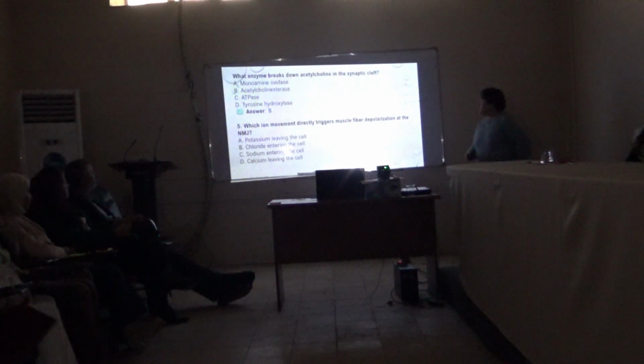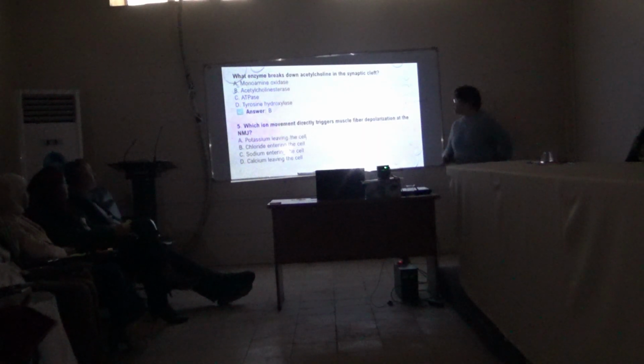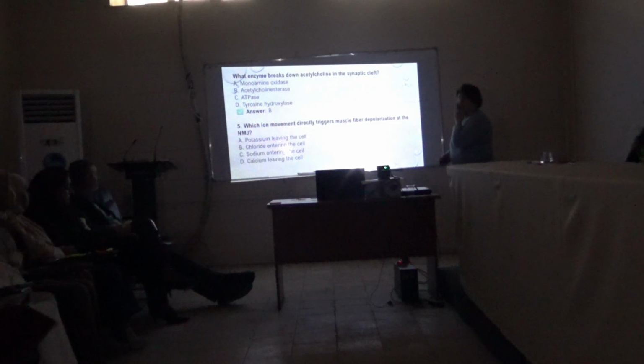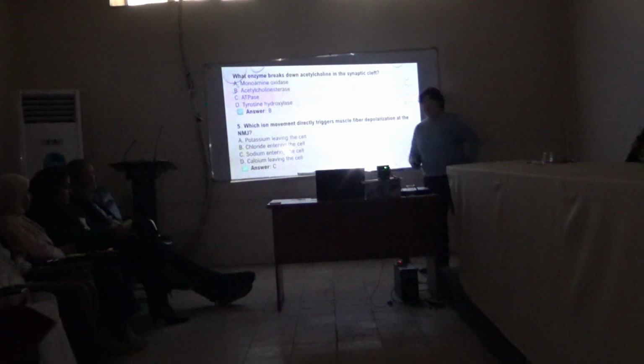Which ion movement directly triggers muscle fiber depolarization at the neuromuscular junction? Potassium leaving the cell, chloride entering the cell, sodium entering the cell, or calcium leaving the cell? Sodium entering the cell. C is sodium entering the cell. Thank you very much for your cooperation.